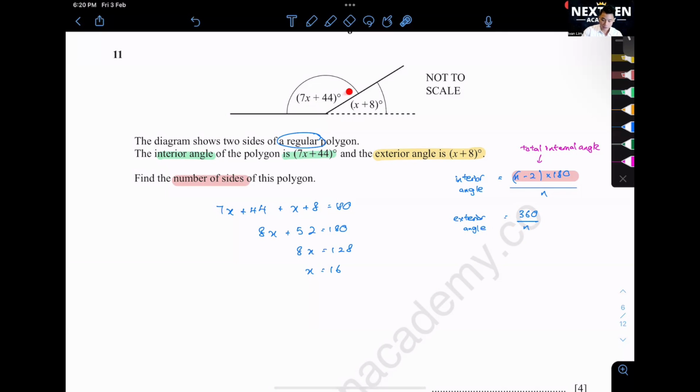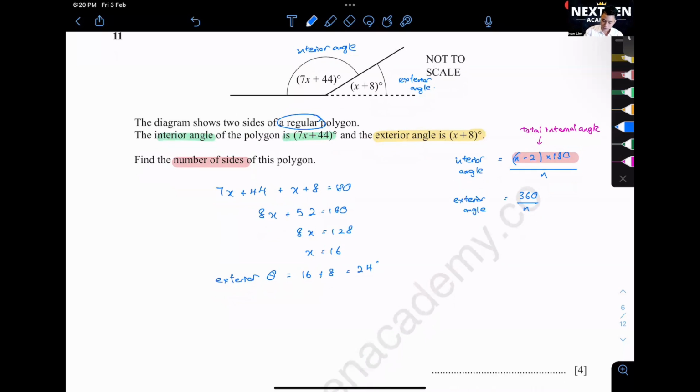And from here, this is my interior angle. This is the meaning of interior angle. This is exterior angle. So I will find my exterior angle first, then put it into the formula. Exterior angle will be x plus 8, so 16 plus 8, which equals 24 degrees.